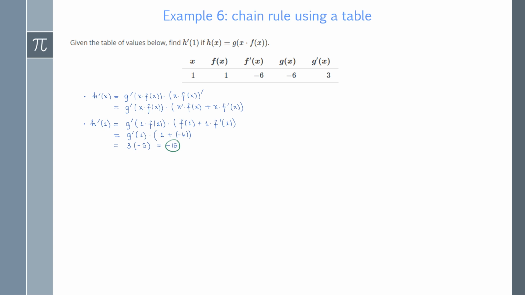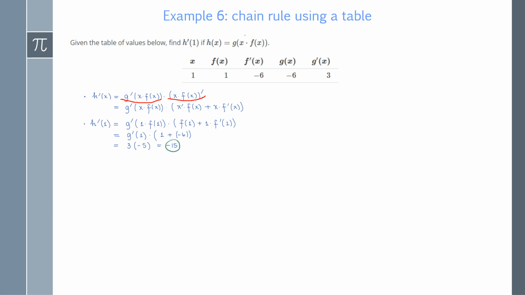The first step is to apply the chain rule to h of x. Okay, so what would that mean? So I'm applying the chain rule, so that would be g prime of x times f of x times the derivative of the inside.